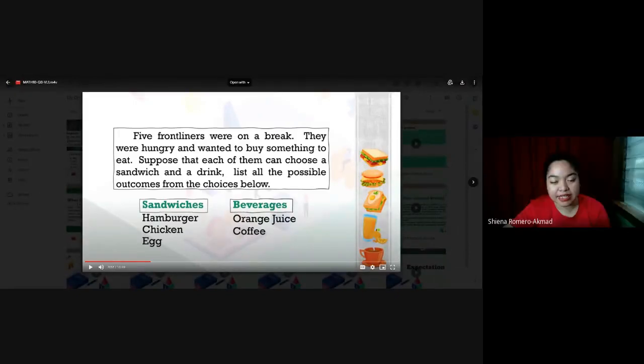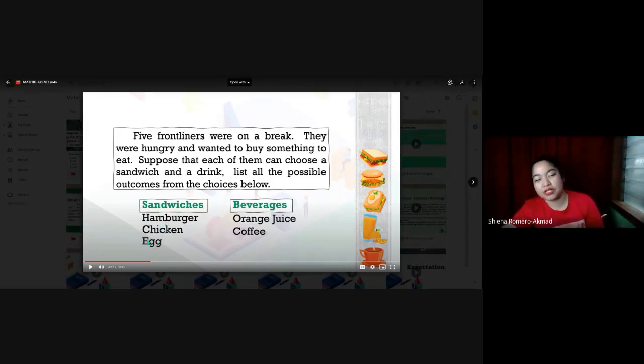So let's say, itama natin yung sinabi niya, hamburger and orange juice, hamburger and coffee. Pwede din naman chicken and coffee, chicken and juice. Pwede rin naman egg and juice, egg and coffee. So hindi or ha, the word should be and. So yun yung konsepto niya.